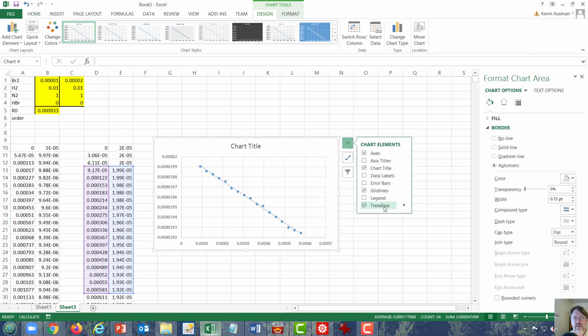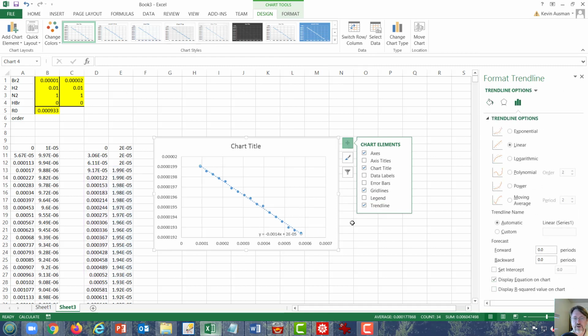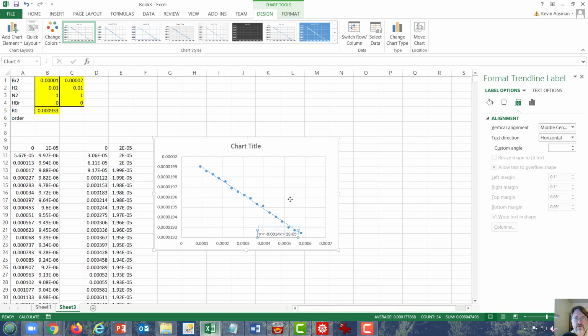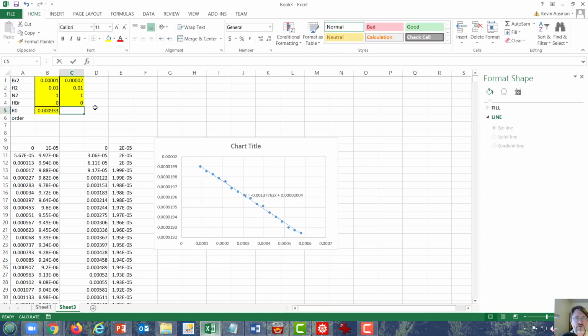Let's find a trend line. Determine our equation. Add some sig figs. And we have 0.00137762.